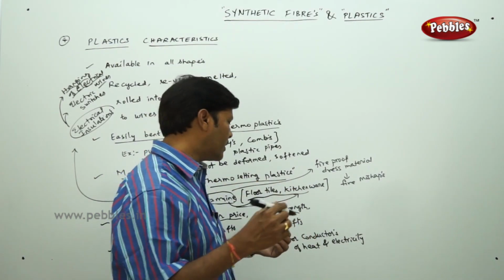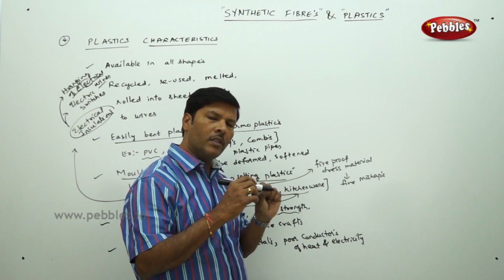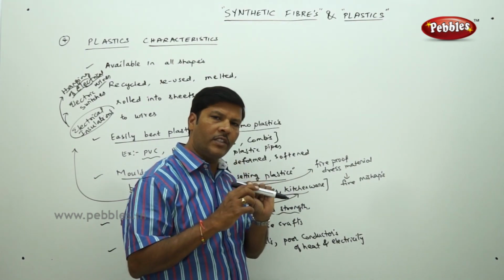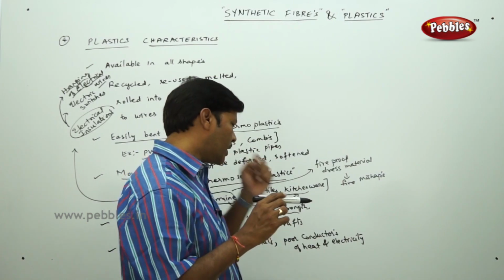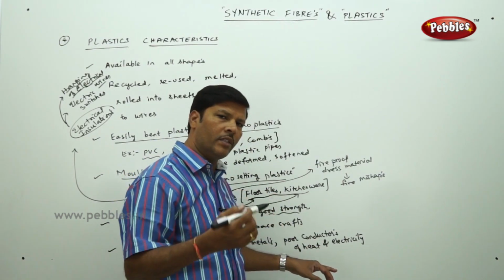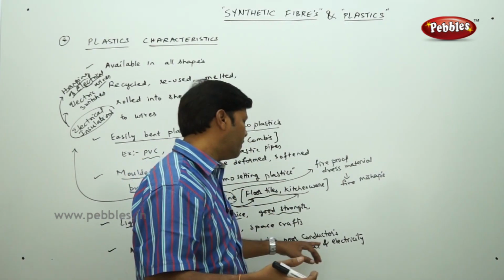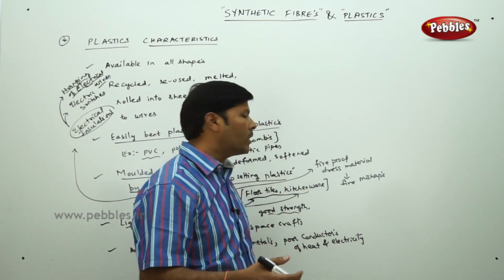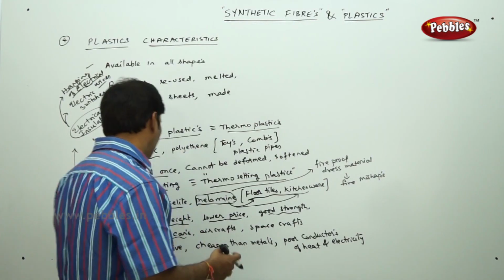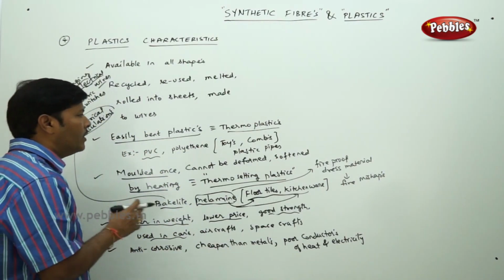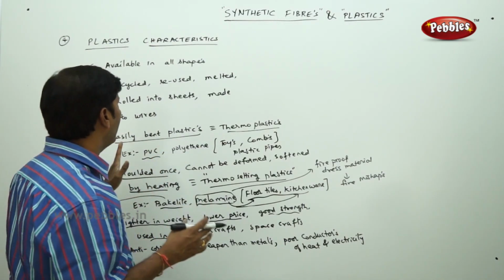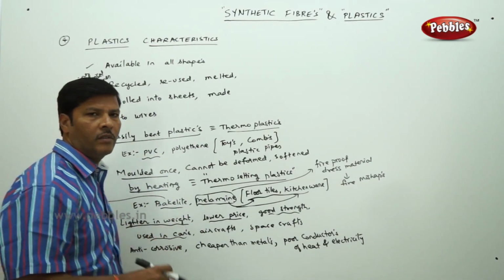Because if the current is passing, there is a blink in the screwdriver, but the upper part of the screwdriver is fitted with the plastic material, so there is a remote chance of the electrician getting any kind of electric shock. So that is the advantage. That is why we can say that it is a poor conductor of heat and electricity. So all these points sum up in a nutshell the useful characteristics of plastics.